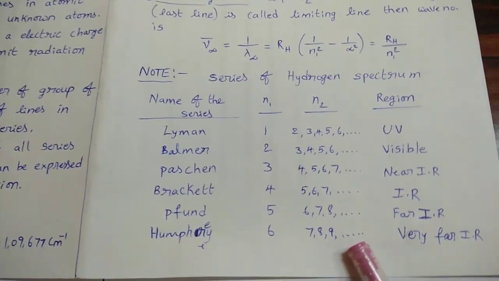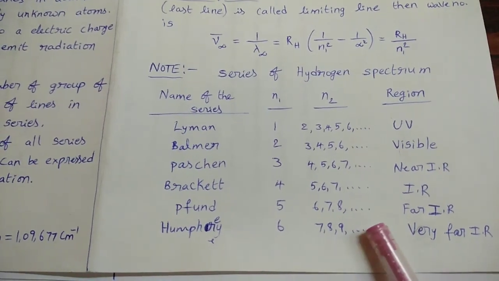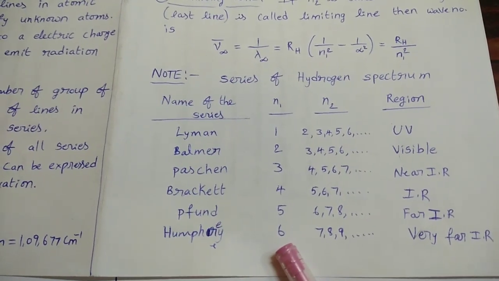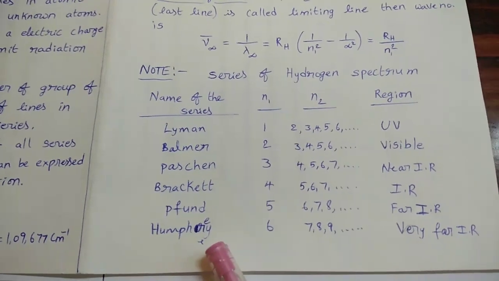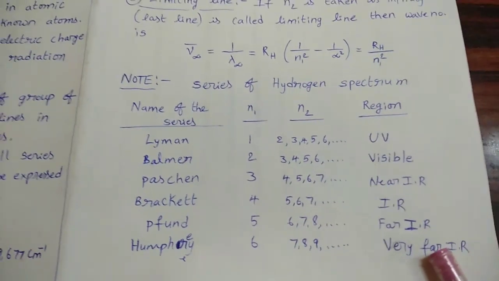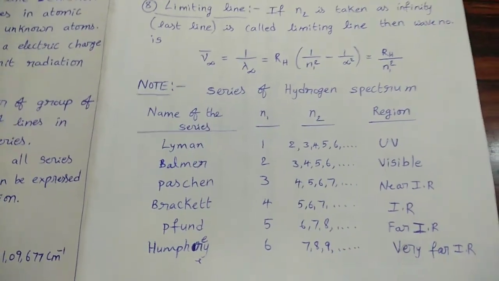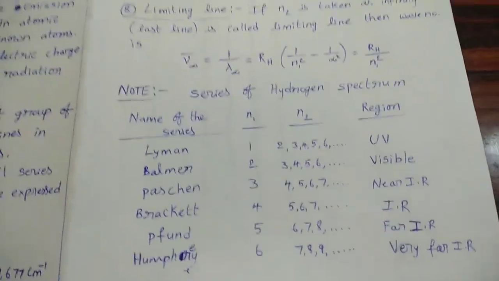That means from the energy levels 7, 8, 9 or any higher energy levels to 6th level, electron transition takes place. We can get Humphrey spectral lines. These appear in very far IR region. So these are the total series of spectral lines in hydrogen spectrum. Okay. See the next numericals related to this.